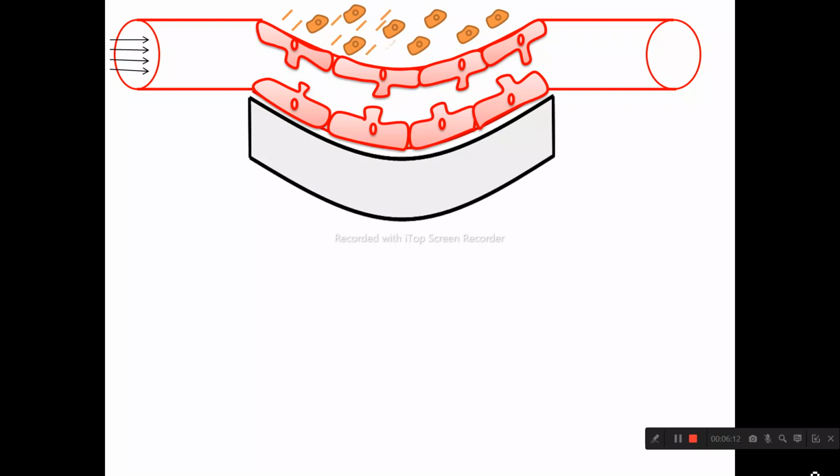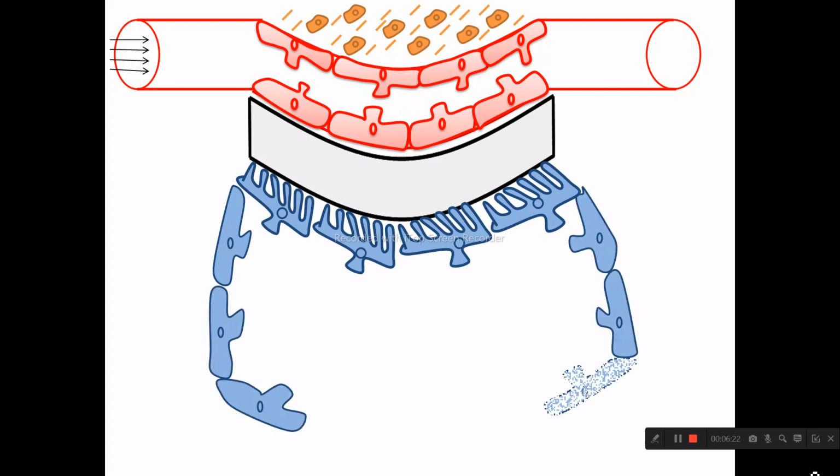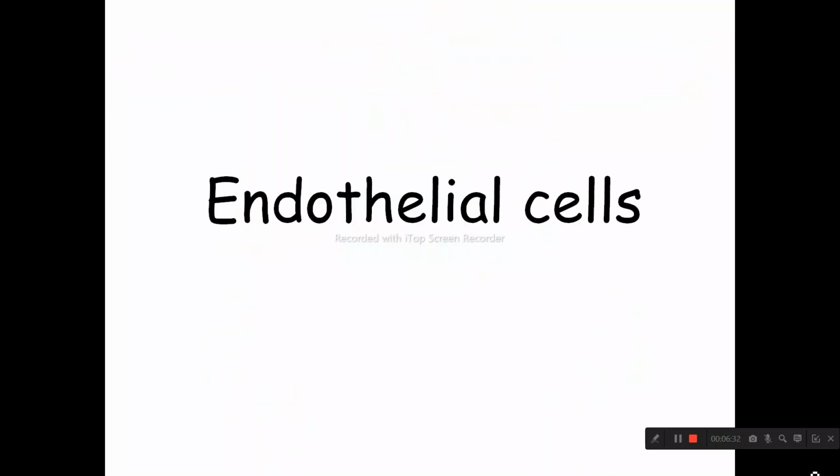Okay, then on the other side of the membrane we have the visceral epithelial cells and the parietal epithelial cells that make the Bowman's capsule, and next everything is drained into the proximal convoluted tubule. Okay. Now first we shall study in detail the endothelial cell.